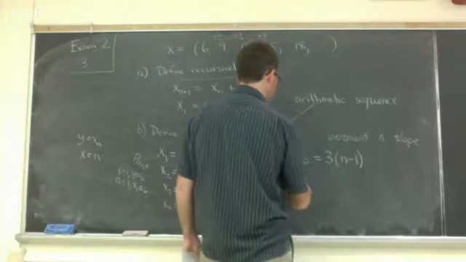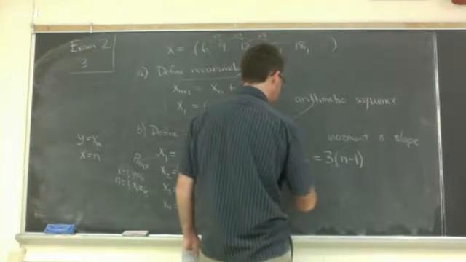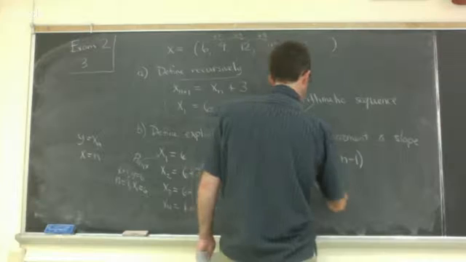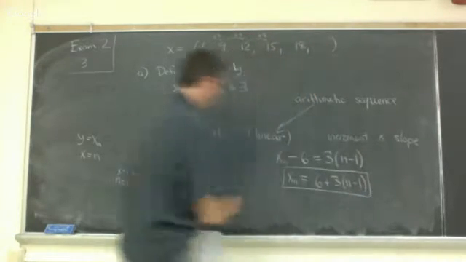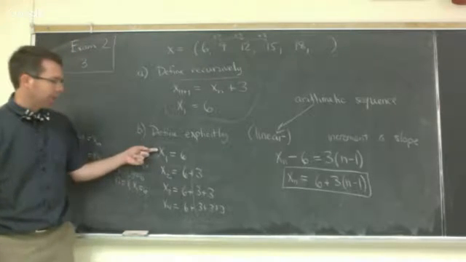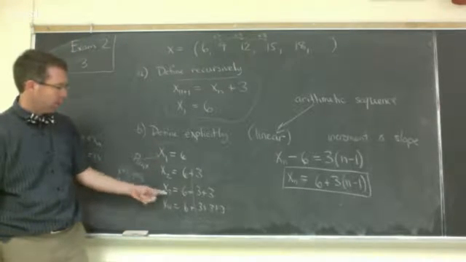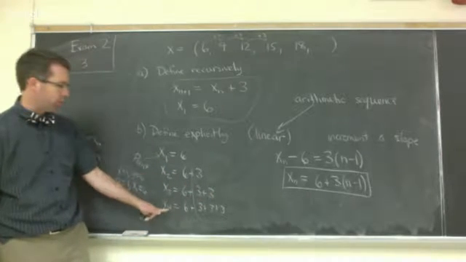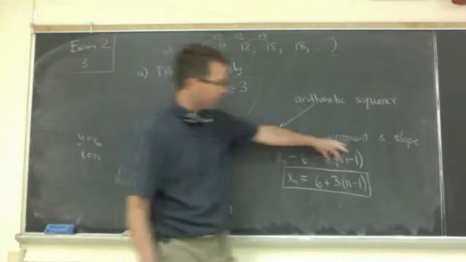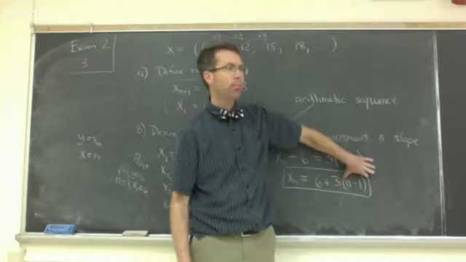So my explicit formula is 6 plus 3 times n minus 1. Which you could also get by looking at the pattern. On my third value, I had two 3s. On my fourth value, I had three 3s. That's why it's 3 times n minus 1.